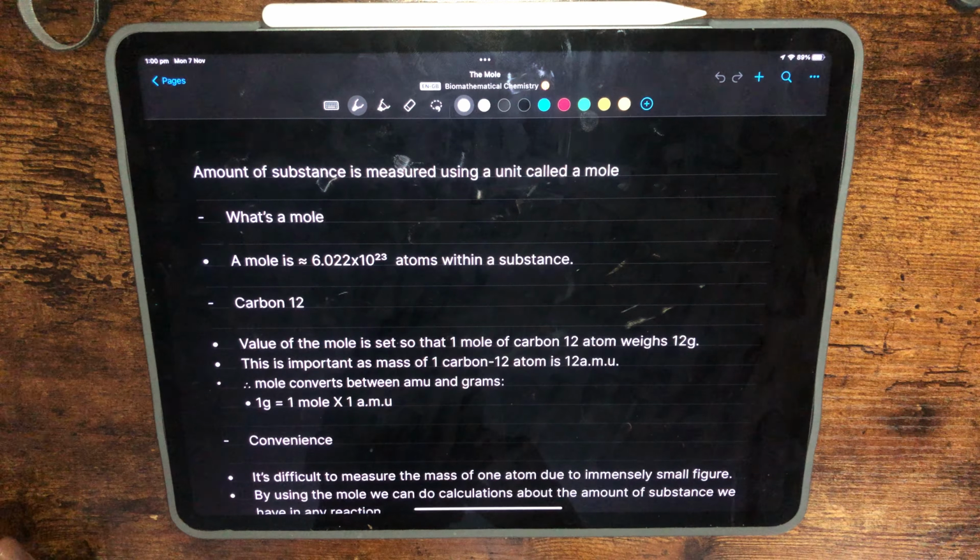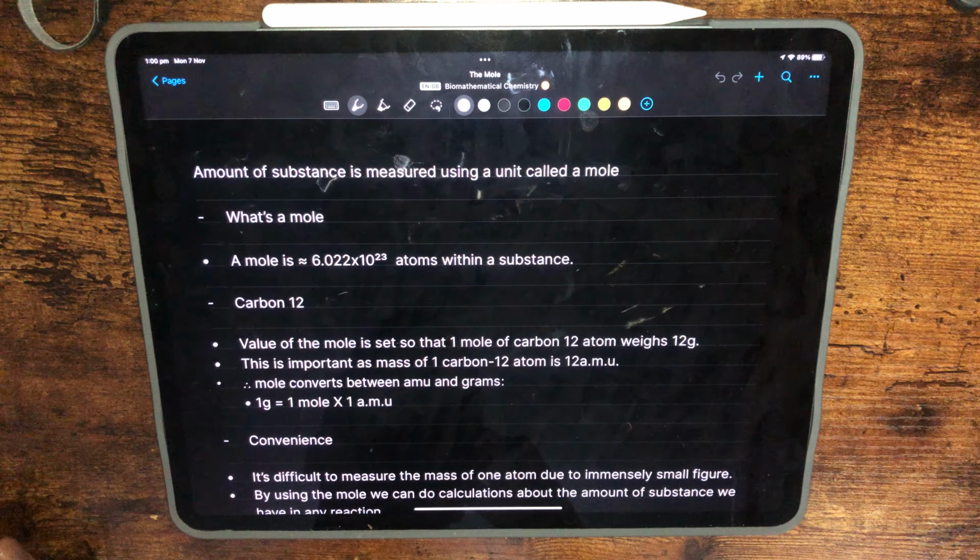Avogadro's constant. As I said before, Avogadro's constant is approximately 6.022 times 10 to the power 23, and that's the number you're going to use for your exam, to that many significant figures. Therefore, 1 mole contains Avogadro's constant number of units. So it could be atoms or molecules.